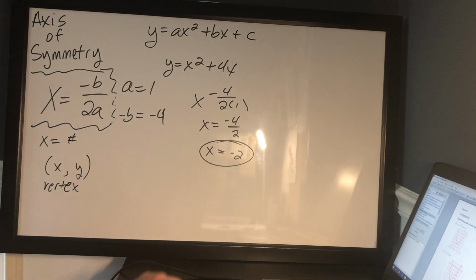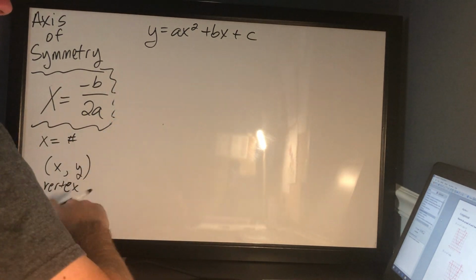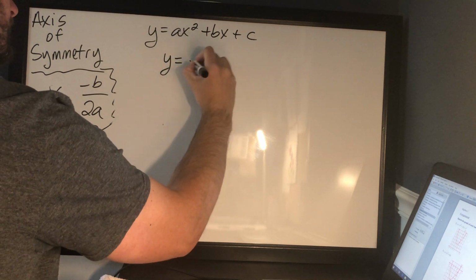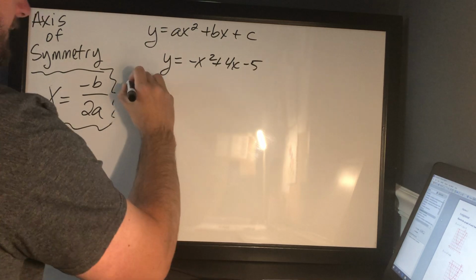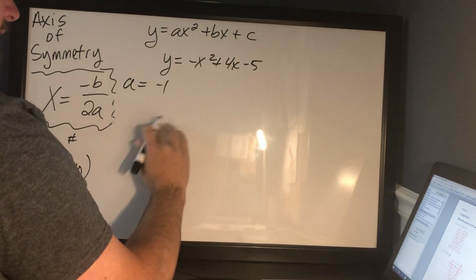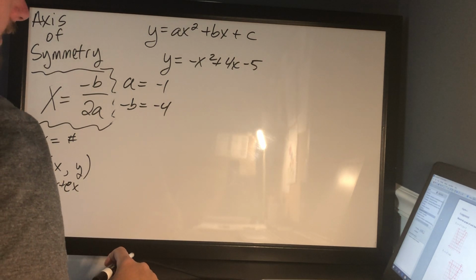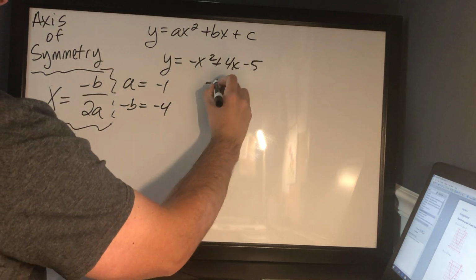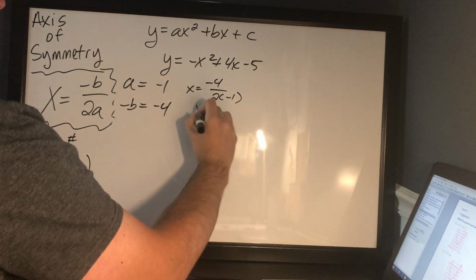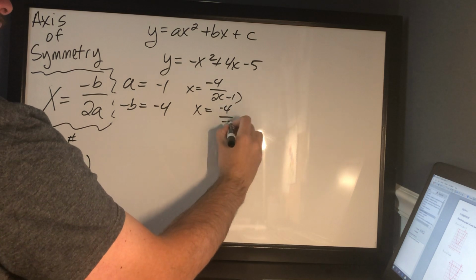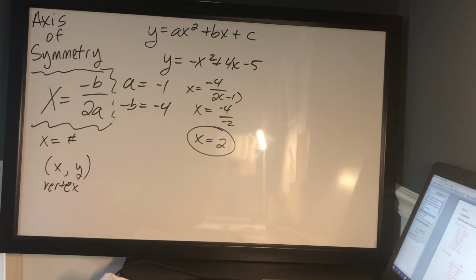And the last one: y equals negative x squared plus 4x minus 5. a is negative 1, and the opposite of b is negative 4. So x equals negative 4 over 2 times negative 1. x equals negative 4 over negative 2. x equals 2 would be our axis of symmetry.